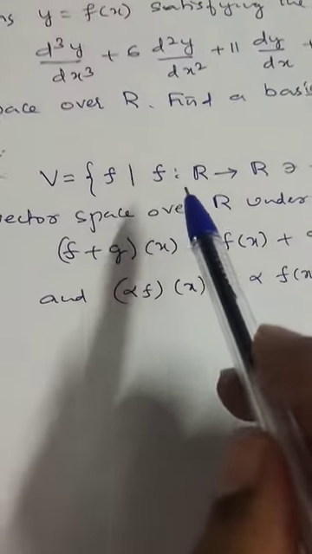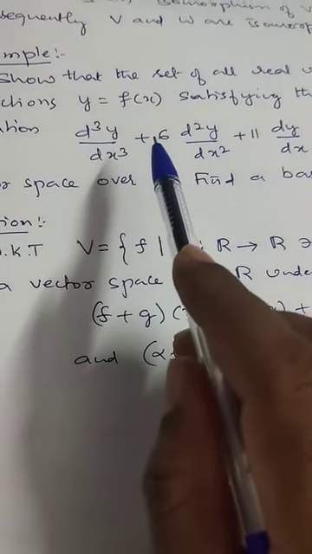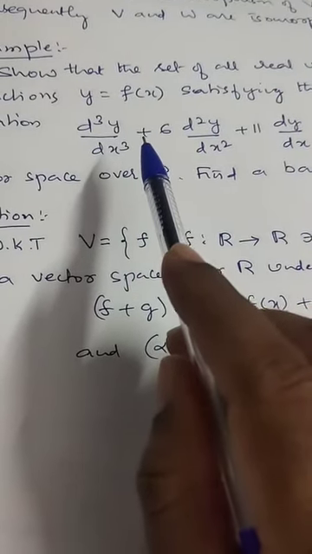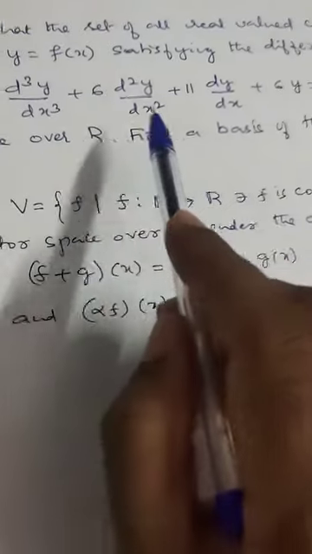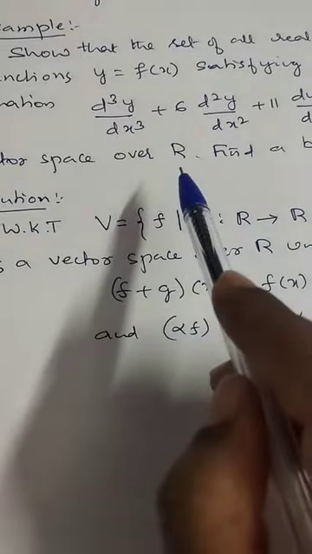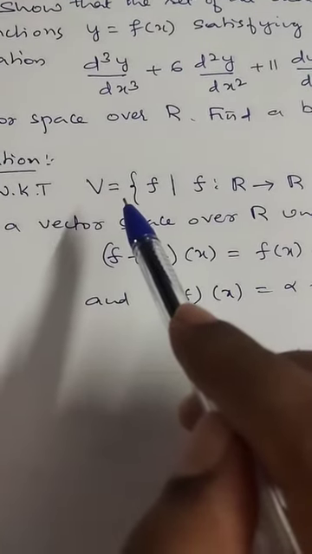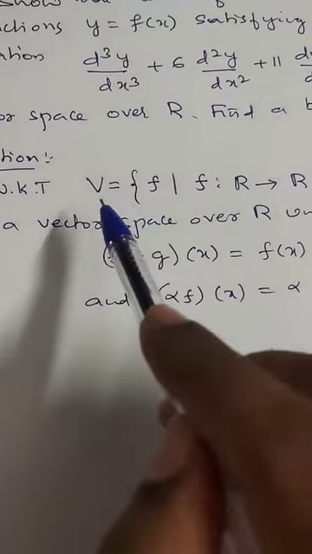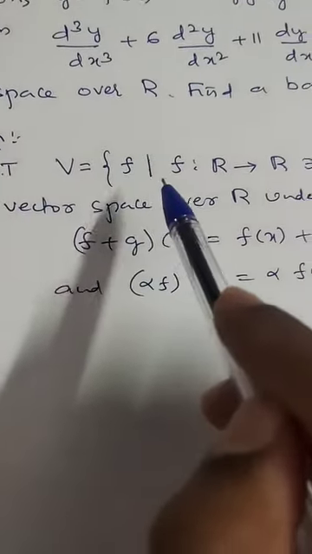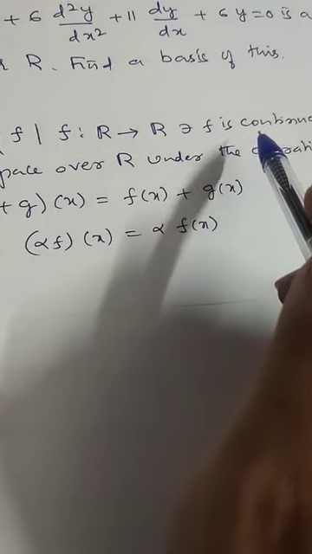Here the solution set is, say, we need to show that the solutions of this differential equation form a vector space over R. Therefore, the solution set, if we denote it by W, is definitely contained in V, because it is a real valued function as well as continuous.